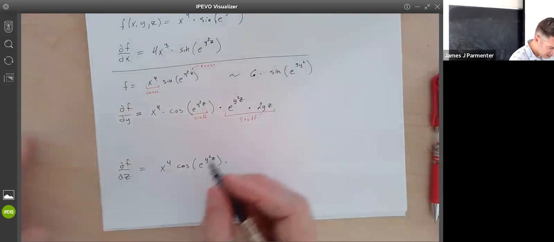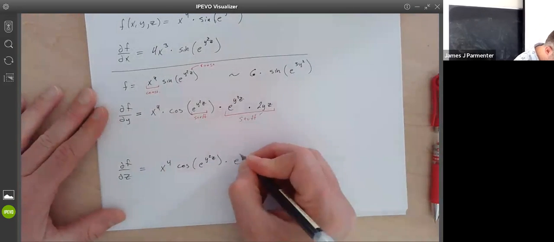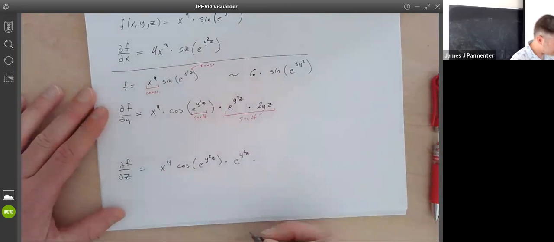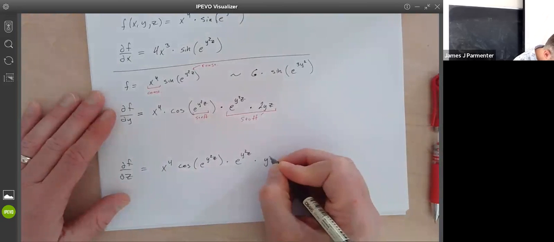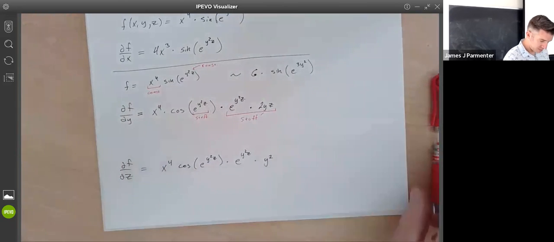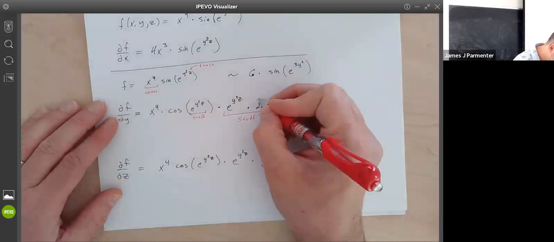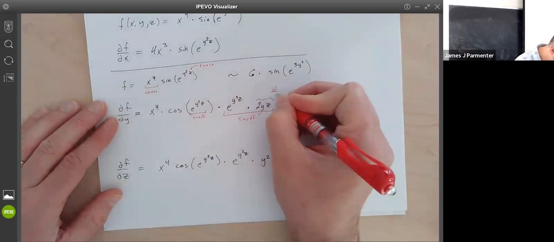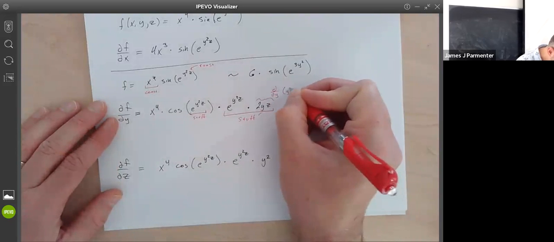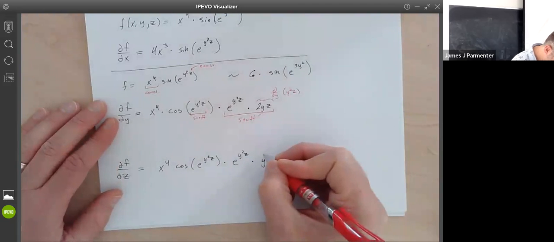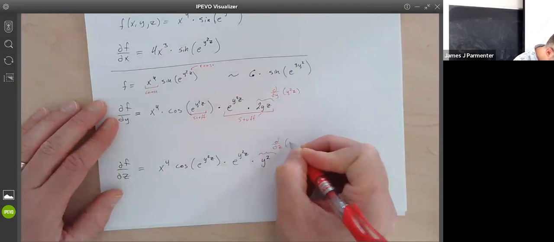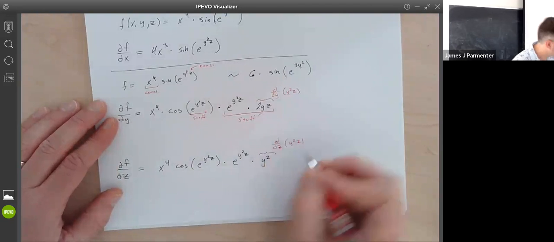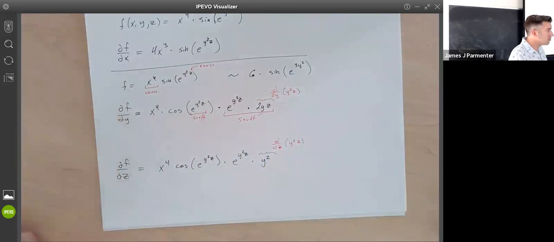It's just this time, the derivative of e^(y^2 z) is going to be e^(y^2 z) times the derivative of y^2 z, but this time that's going to be y^2. So right here, we have the derivative with respect to y of y^2 z, and right here, we have the derivative with respect to z of y^2 z. Same process, just different variable.